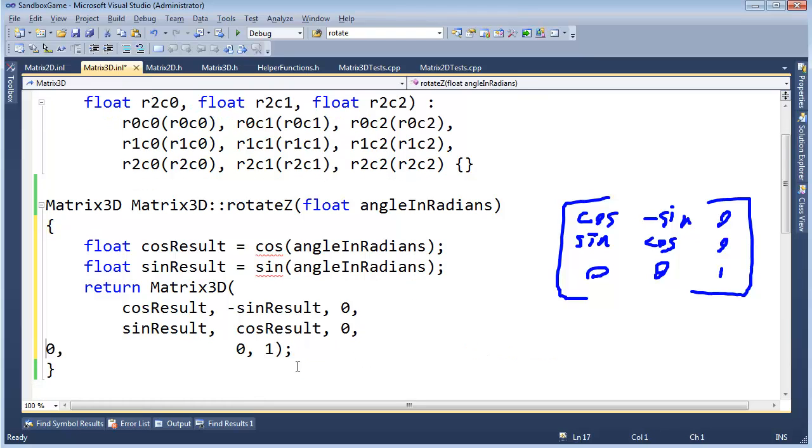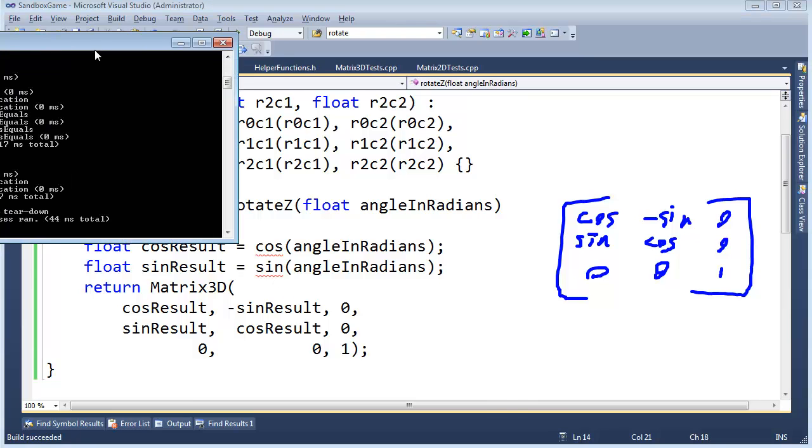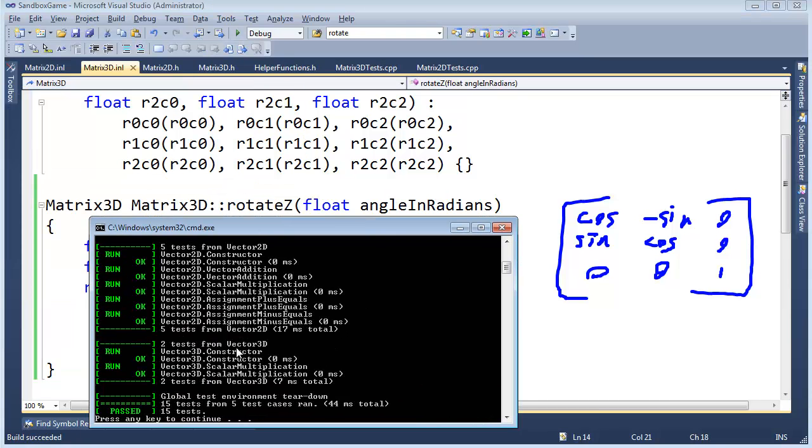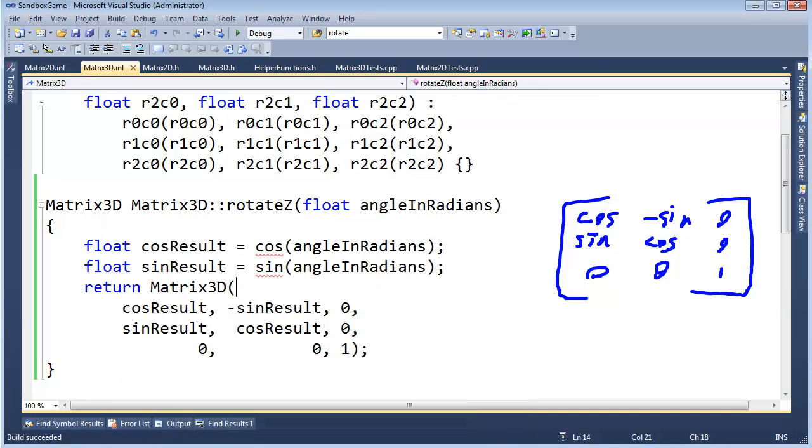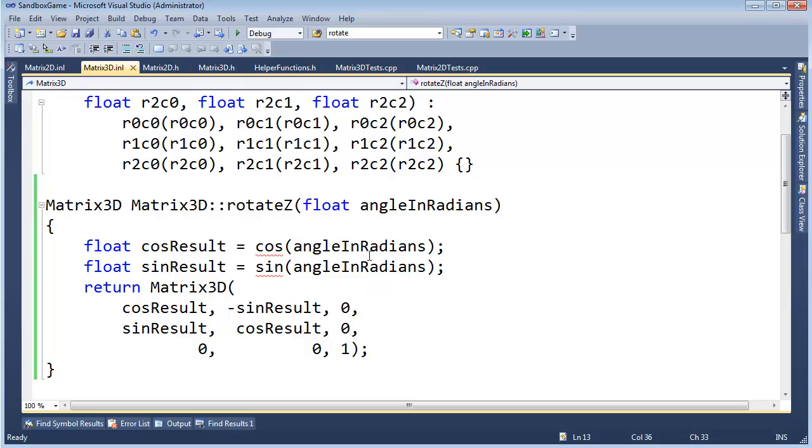But I'm going to be picky. I want a nice clean house. And format this again. Like so. Control F5. Get all green. Good time to commit. But that's nice. I have the unit test now. And I can do refactorings like this and feel good about it. So there you go. Rotation around the z-axis using a 3-dimensional vector.